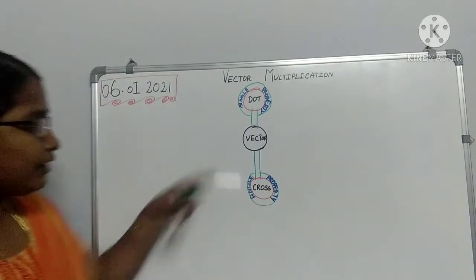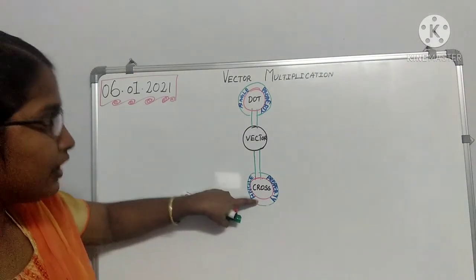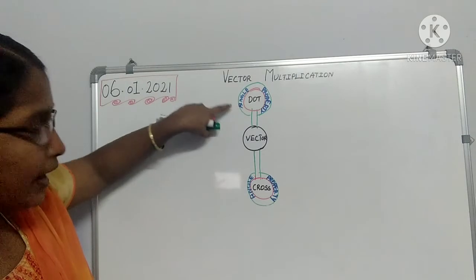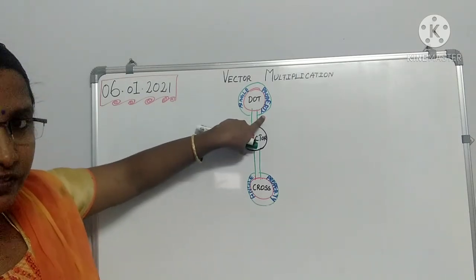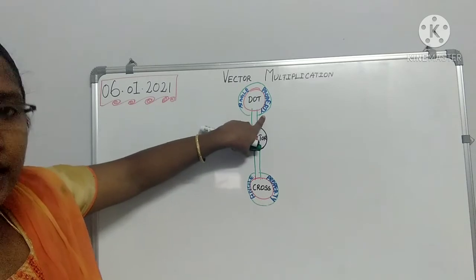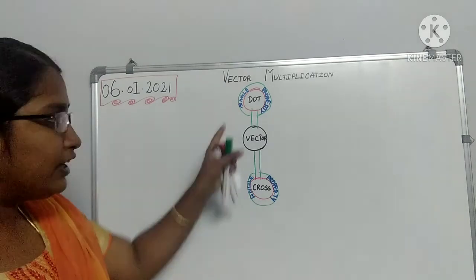Listen, in vector there are two methods, dot product and cross product. In the dot product, we see the angle between the vectors using the dot product, and the properties of the dot product. In this video we are going to see only the dot product.